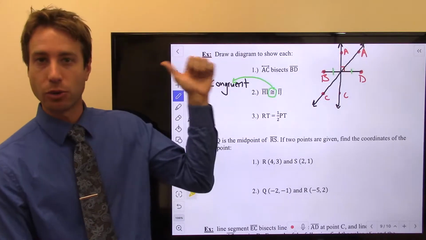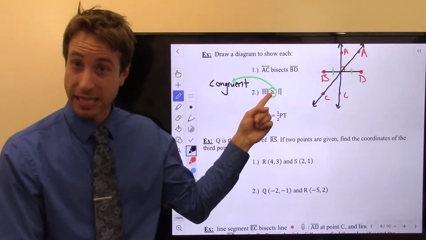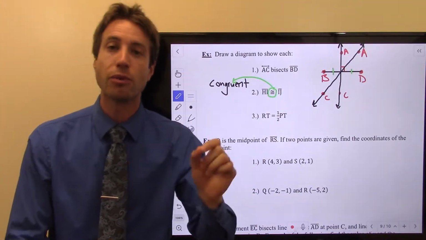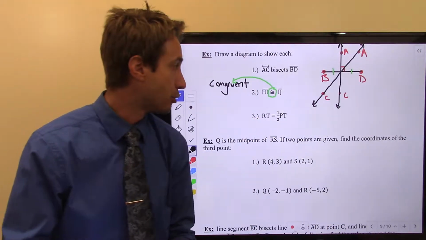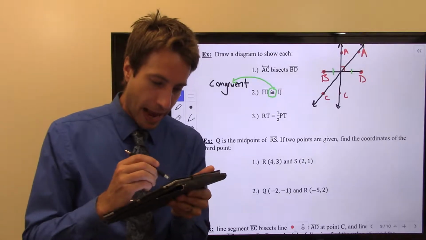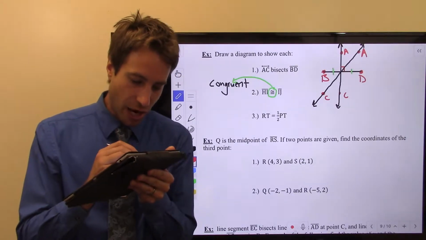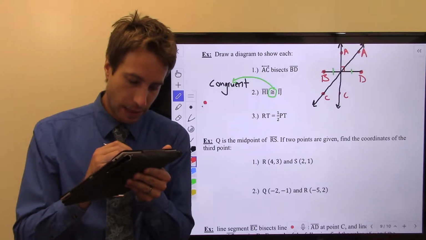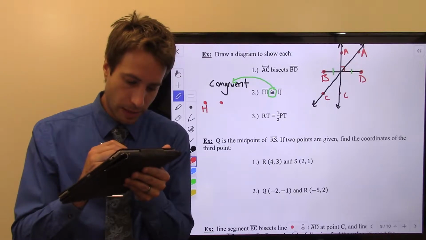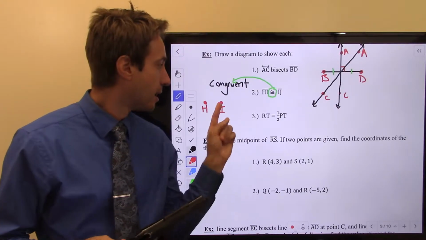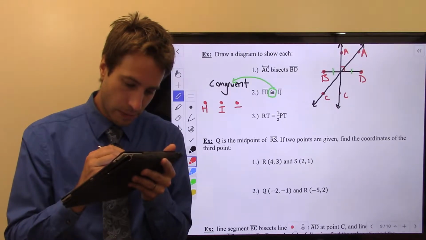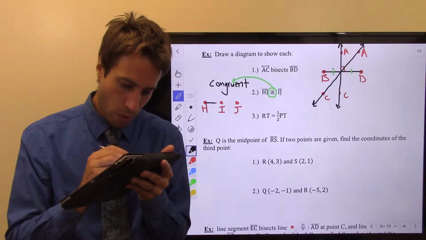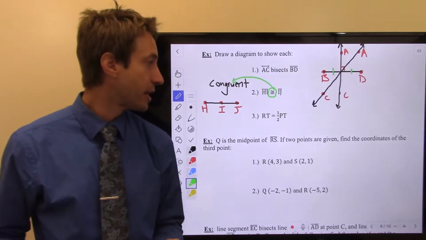So we talked about congruency on the previous page of the notes. There's its symbol. Whenever you see it, you know that that means these two things are congruent. Same magnitude, same shape. So let's go ahead and do that. I have HI and IJ. And I tell you that they're congruent.